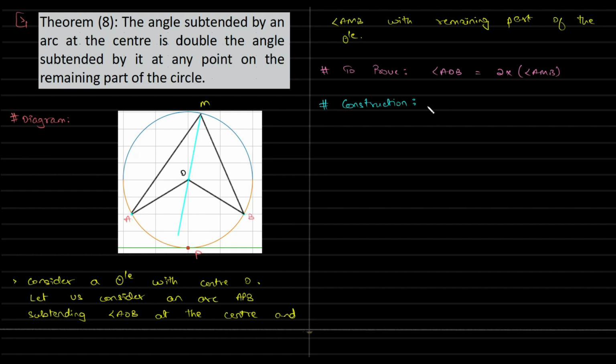So basically join MO and extend it, say to point N. Okay, so that's your construction, right?